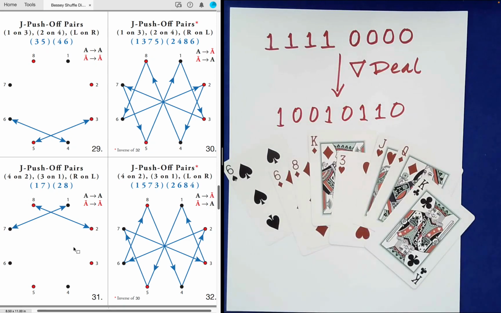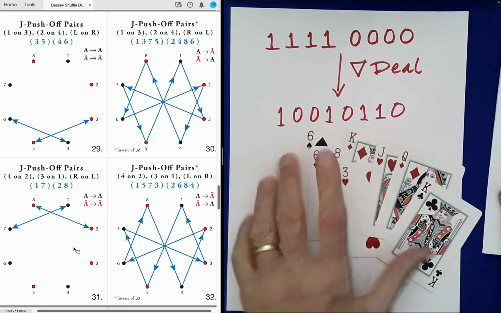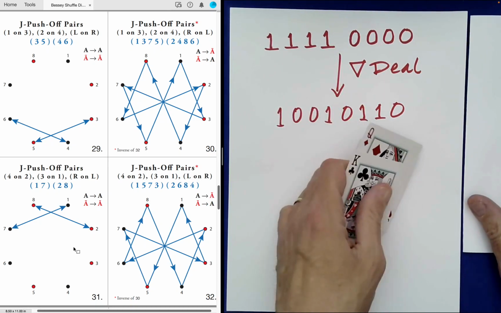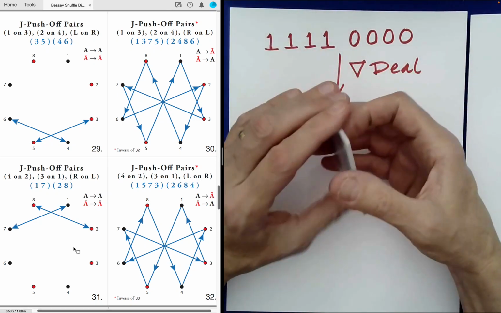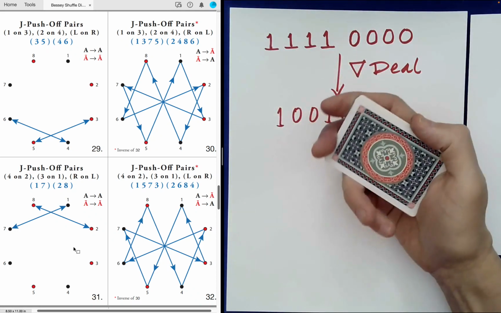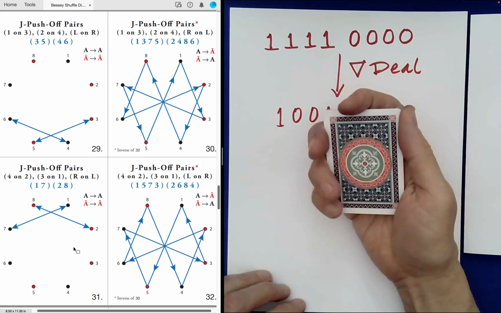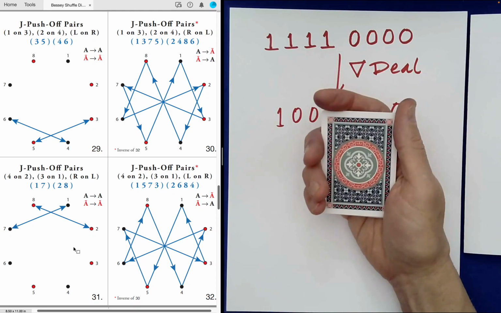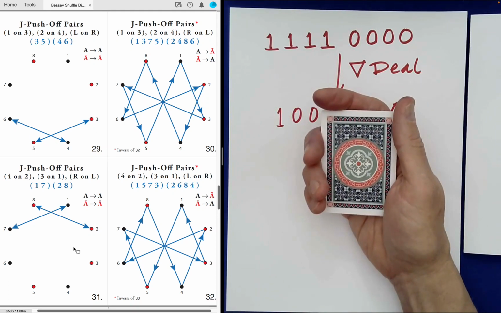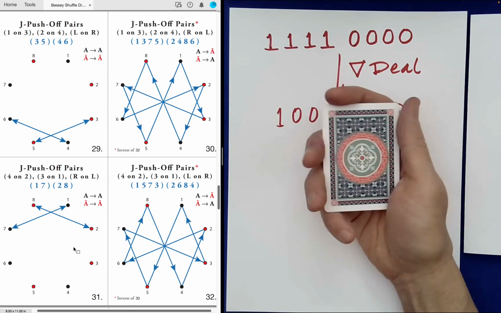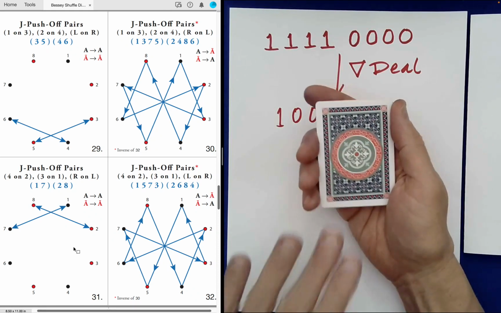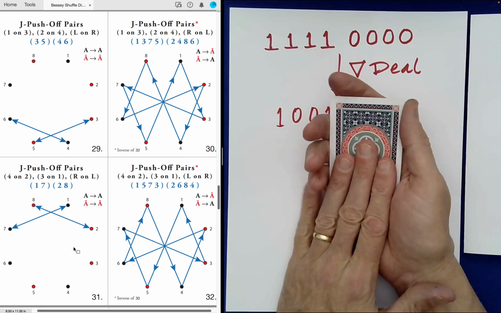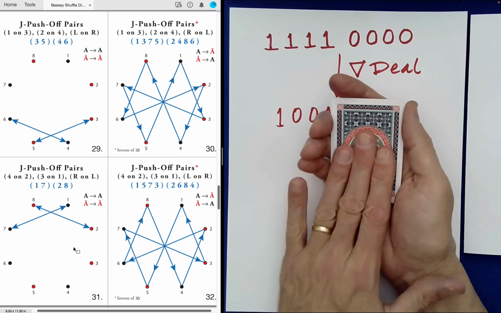Okay, so this is truly a Bessey sequence relative to those 2 sets of cards that we want to finish with at the very end. Well, since it's a Bessey sequence, that means you can perform any of these shuffles that we have taught you so far in any order and in any quantity, and it will not undermine the fact that this is a Bessey sequence.